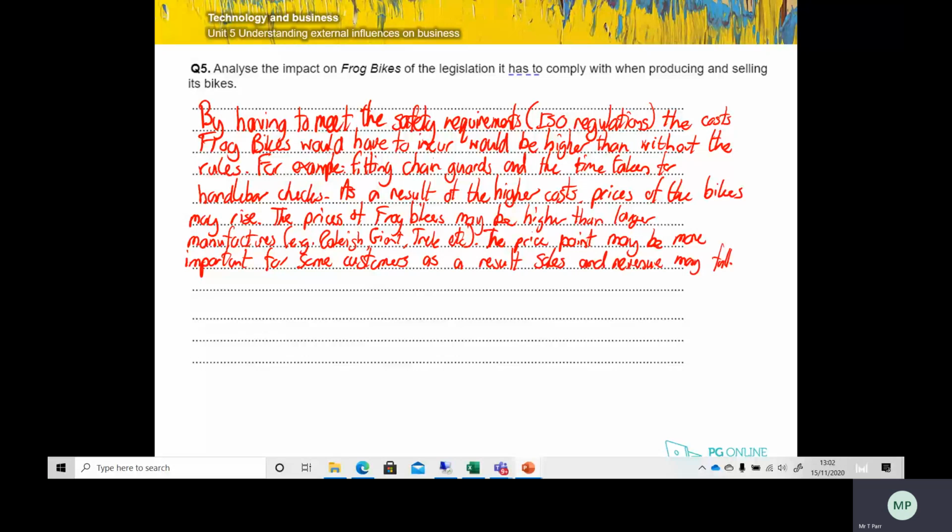What's the next point? The fact that Frog are in what's called a competitive environment, they've got to stick to this legislation, which is going to reassure their customers.